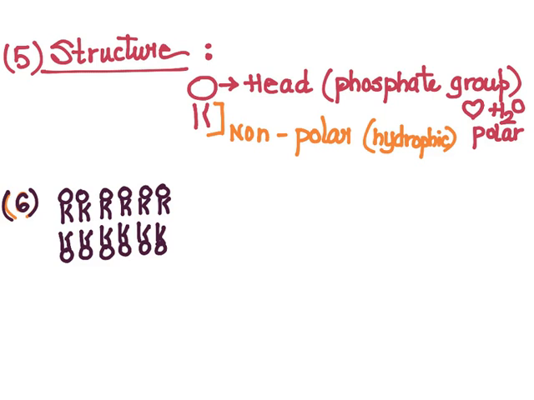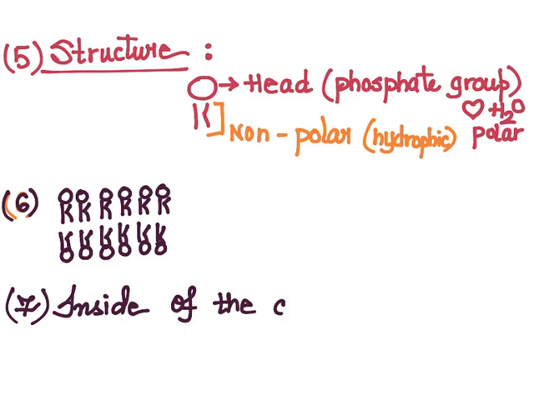And then the inside of the cell is an aqueous solution. That means that there is a watery liquid inside it. Now the heads of the plasma membrane are facing water as they are hydrophilic in nature.